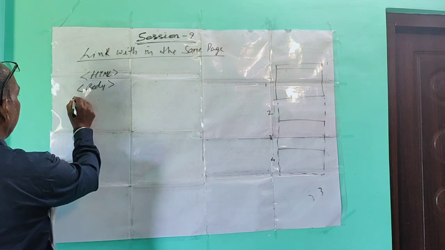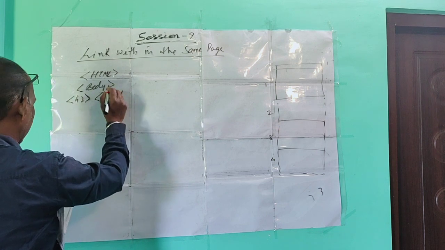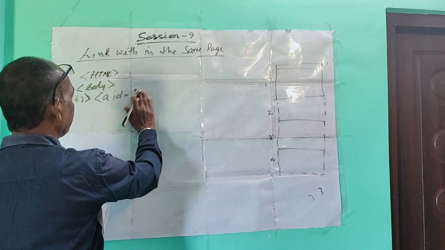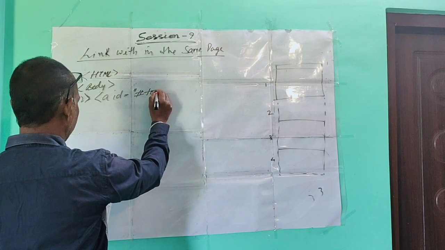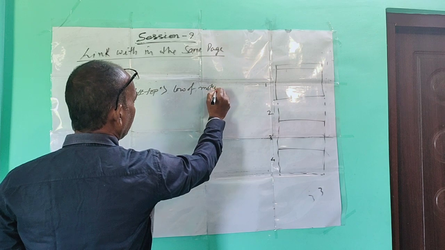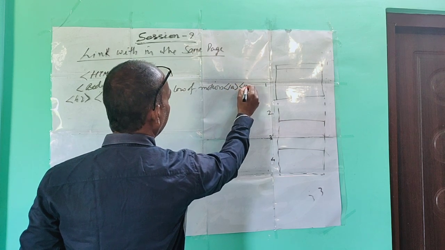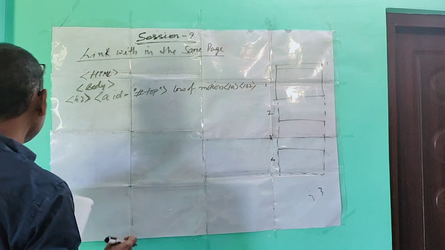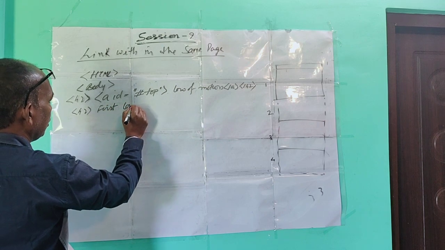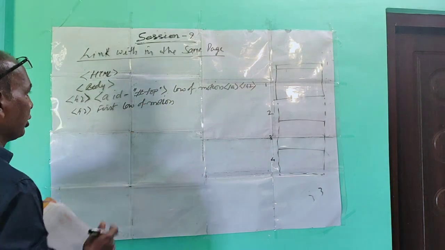H2, A ID equals top, law of motion, A close and H2 close. H2 first law of motion.